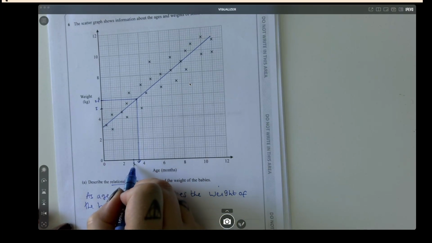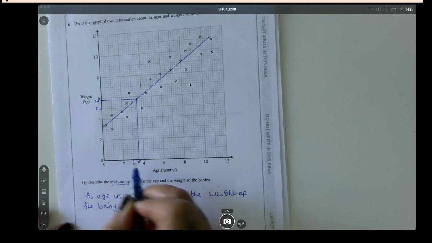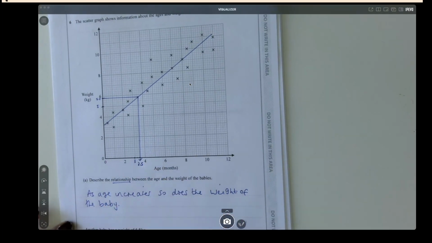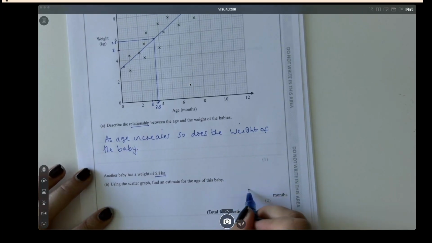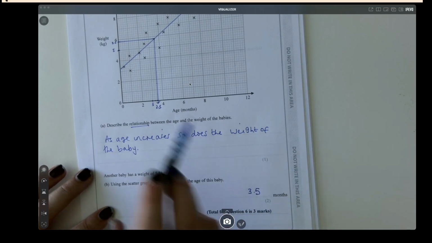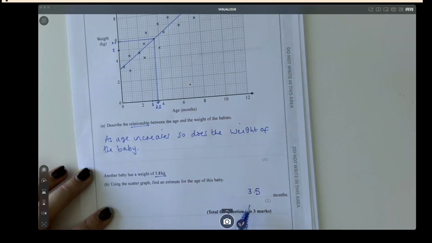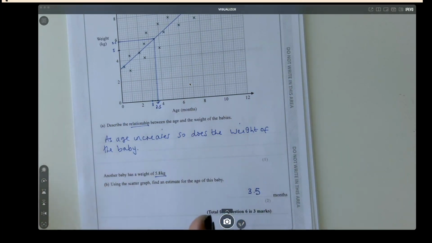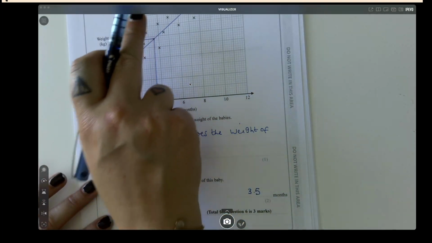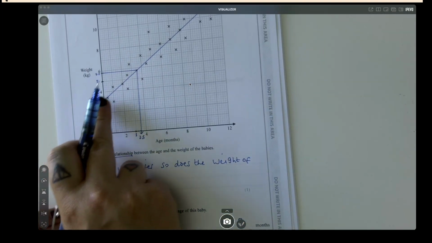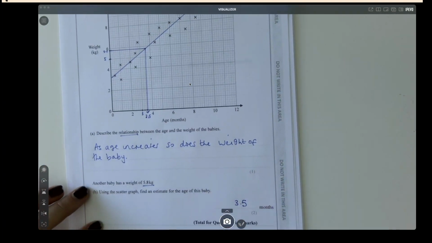So that's 2, 3.2, 4, 3.5. And it is an estimate. So if you were reading this off this question, you might get a slightly different answer depending on where you drew your line of best fit, but the mark scheme will have a range of values that you're allowed to be within. So they allow for that slight difference in your line of best fit, as long as you're trying to follow that trend of the data.